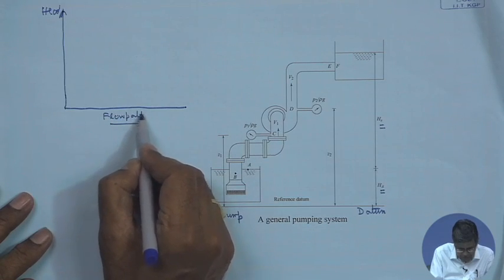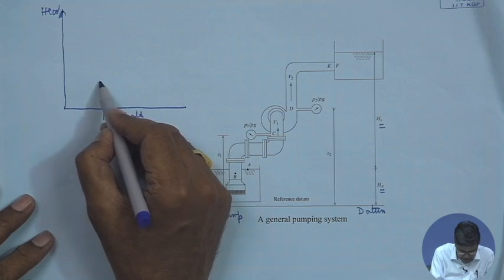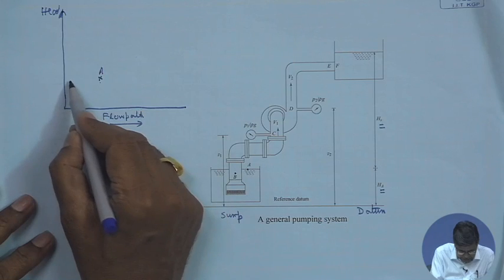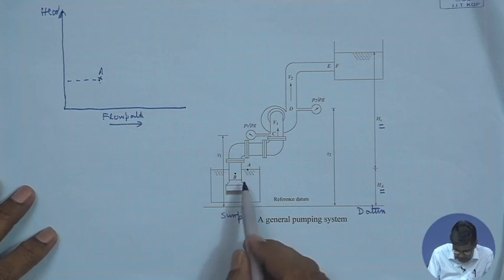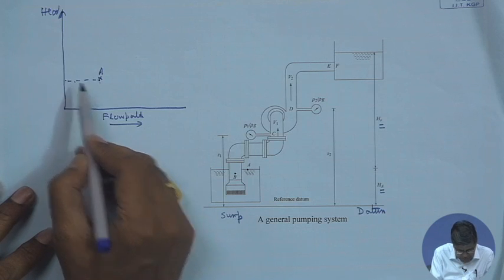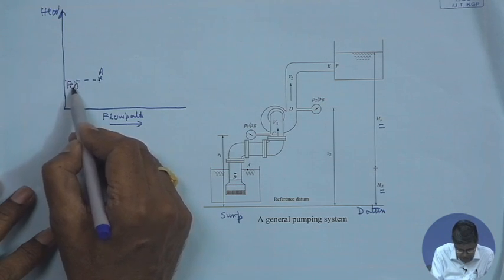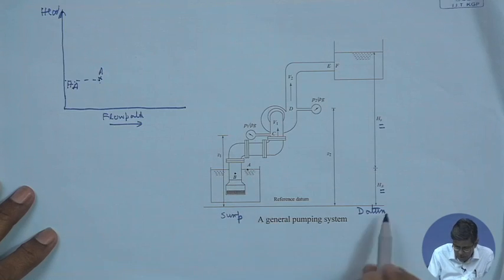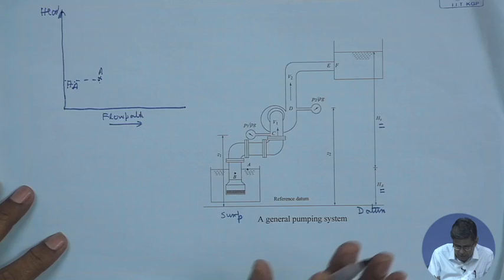So, we will see like this. If we start from the point A here, at A the head, which we first designate as HA, is only the potential head, because at A there is no velocity, no pressure; that we will come to afterwards.